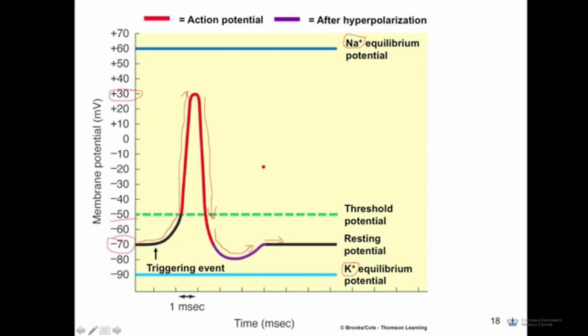In the rising phase, the action potential is getting closer to the sodium equilibrium potential, and in the falling phase, it's getting closer to the potassium equilibrium potential. And what we'll see in just a moment is that this rising phase is actually being driven by the movement of sodium.